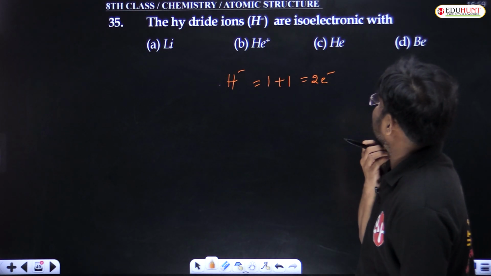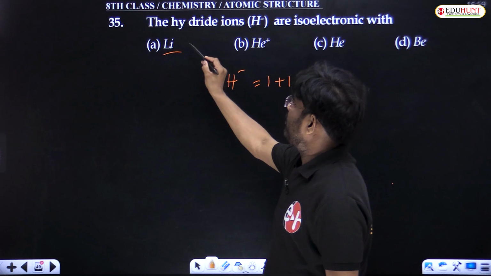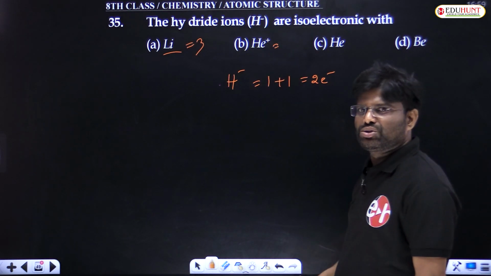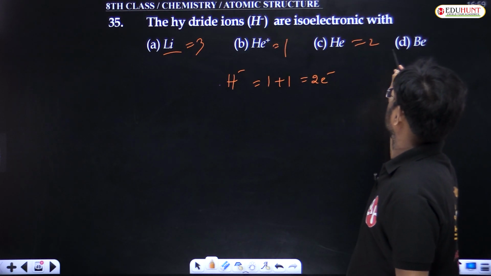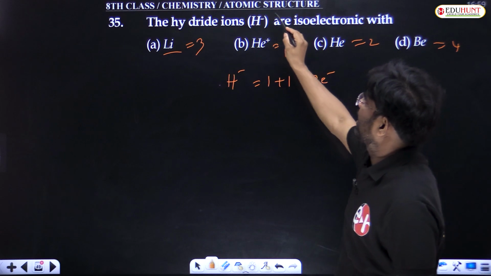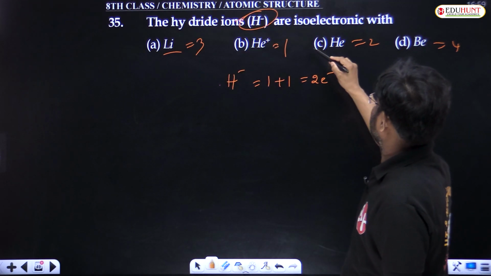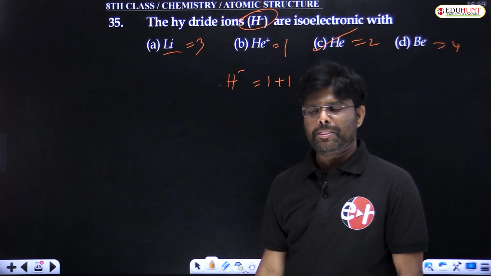Then lithium atomic number is 3, so 3 electrons. Helium atomic number is 2, but remove 1 electron, so 1. Beryllium 4, electrons also 4. So hydride is isoelectronic with helium. Answer is C option.